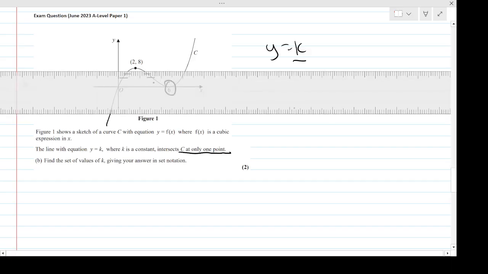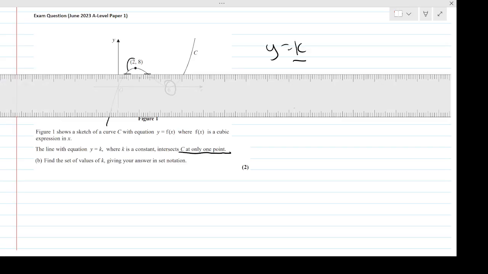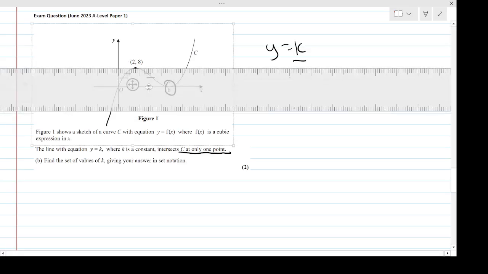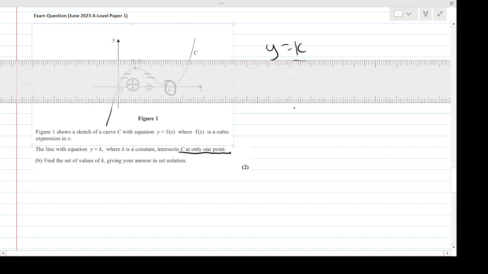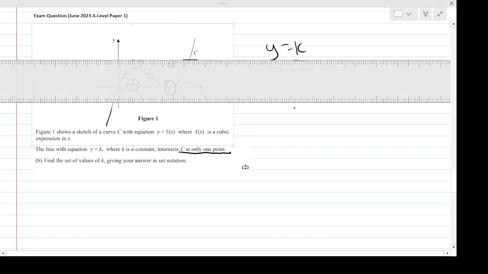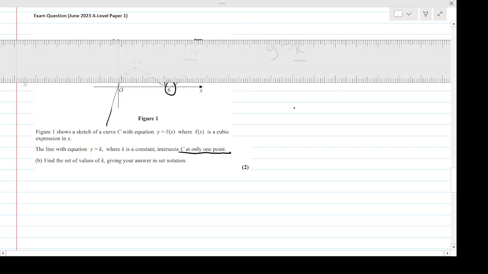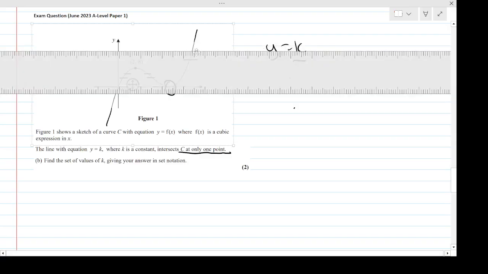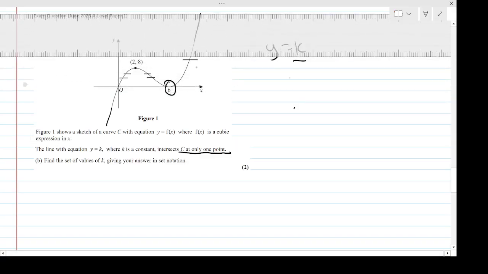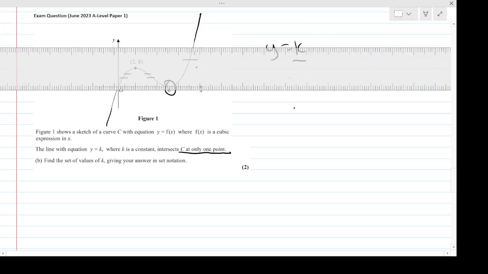Always 2 intersections until it reaches this other point here, 2, 8. And then after we move from here, it only has one crossover with the curve again. And it's going to be on this sort of area of the curve, right? And then imagine this curve extends up, like when we go down. If we go up, it's then going to keep only having one point of intersection, okay?